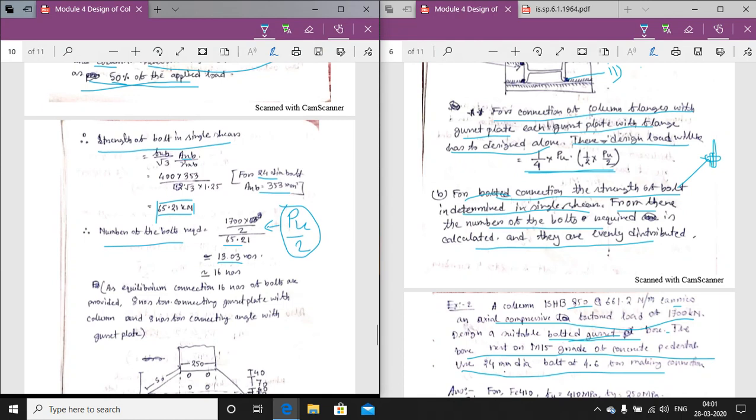Now taking the value as 16 nos. Why? Because it is advisable to put a similar number of bolts in the angle as well as the gusset plate connection.